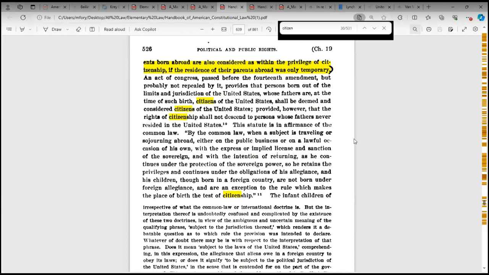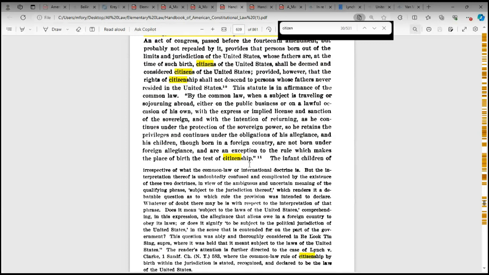And his children, though born in a foreign country, are not born under the foreign allegiance and are an exception to the rule which makes the place of the birth the test of citizenship, like the 14th Amendment does. Now, what they don't include here is what the country also construes as citizenship. At that birth in a foreign country, you might have been one of their citizens also. You might become one of them, a dual citizenship there.